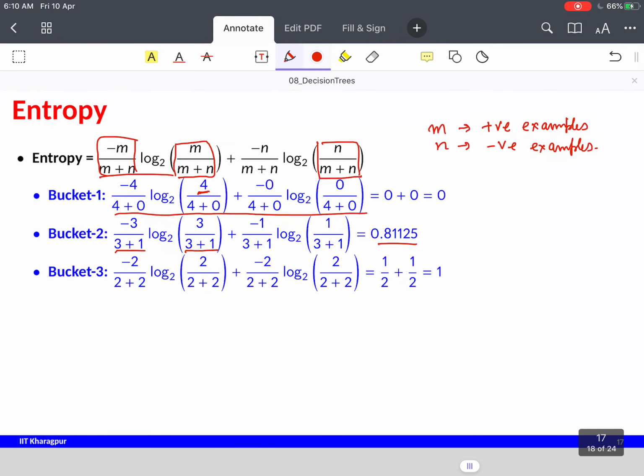So this is represented here. Similarly for the blue balls, and this is the observation. For bucket 3 again we can continue in that way, and we observe the entropy is 1.